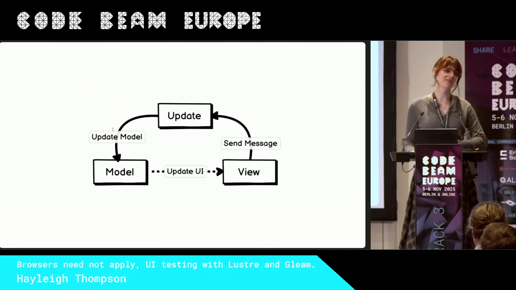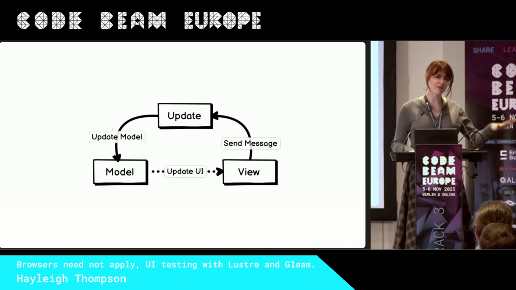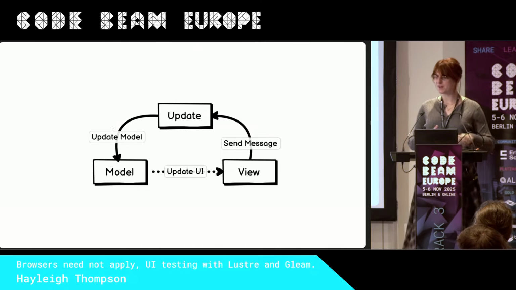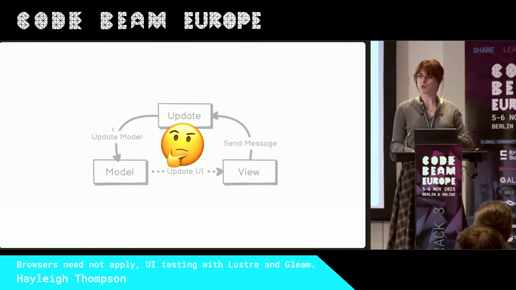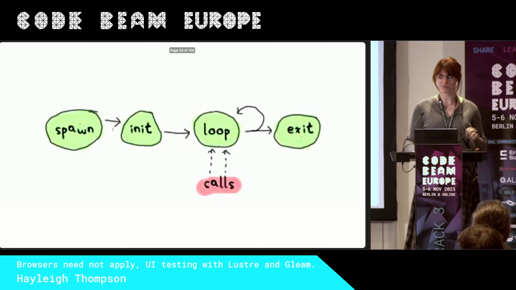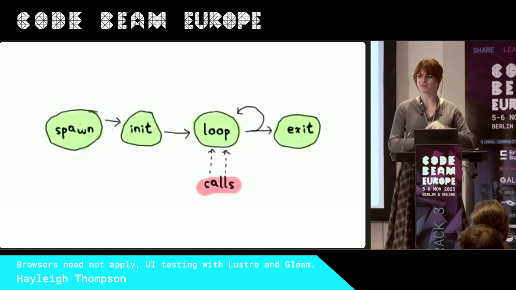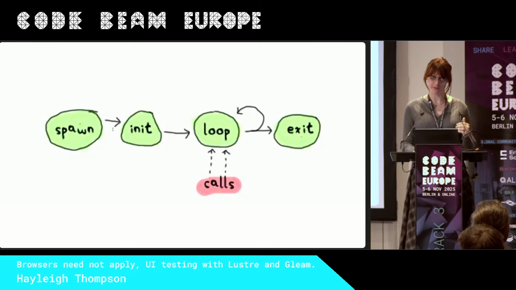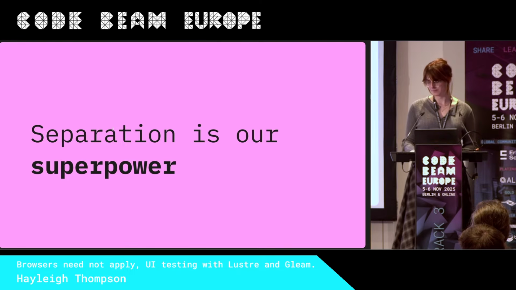And normally when I give this talk, this is when I say, like other front-end frameworks, Elm, Redux, there's state management patterns for Vue. They all follow this pattern. But probably for the people in this room, this looks pretty similar to one of these, like a process or an actor where we have an update loop and some message passing. And this separation, that's our superpower when it comes to testing.